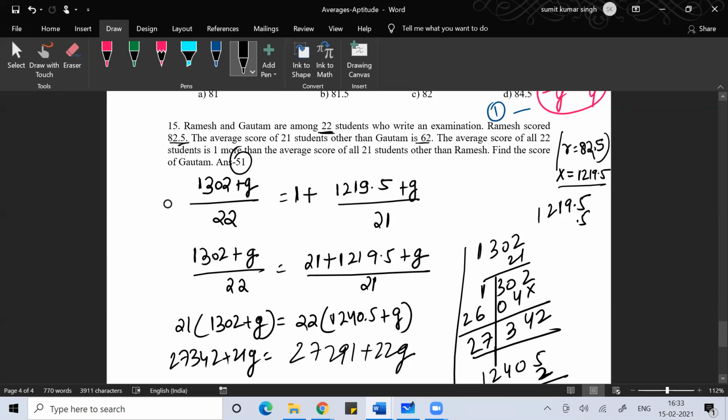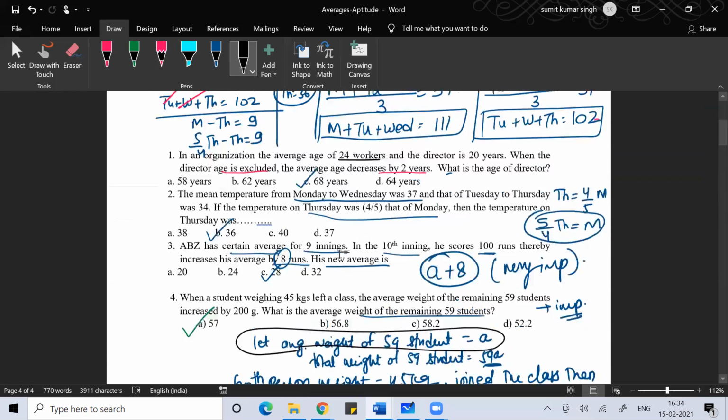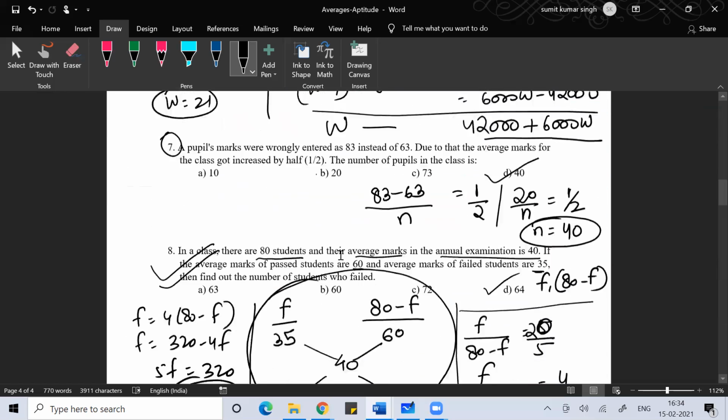Anyone, any doubt? So we did around 15 questions on averages. I hope you understood this. They are not at all difficult.